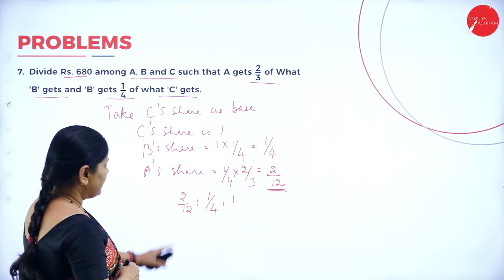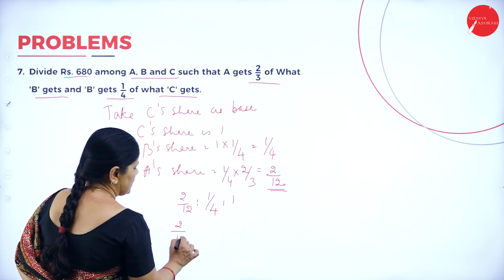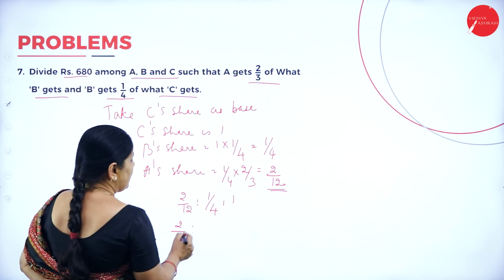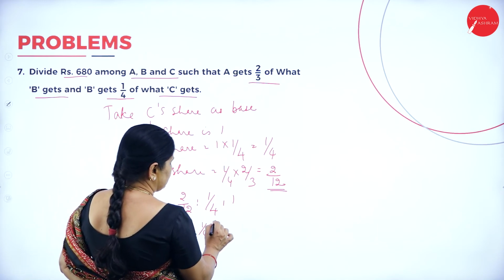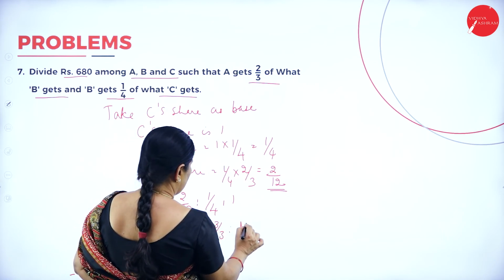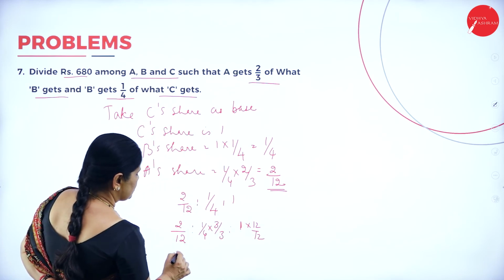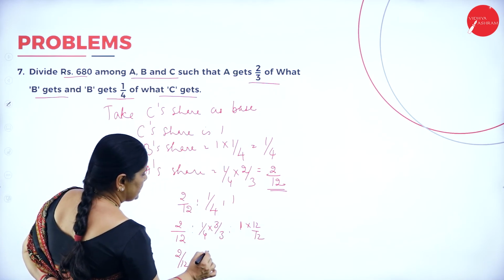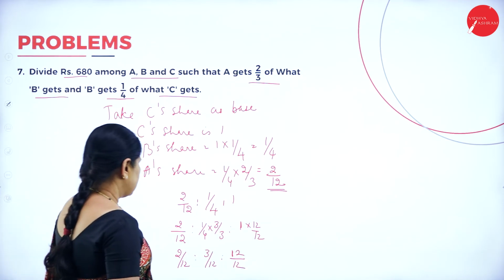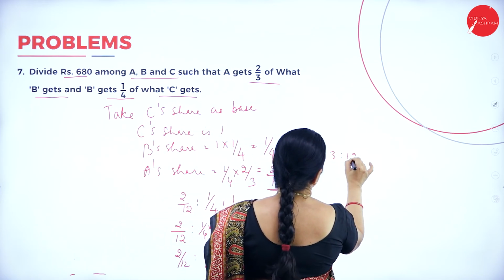Now, when I bring all the ratios to the same denominator, I write 2/12. If I have to make 4 into 12, it will be 1/4 into 3/3, and 1/1 into 12/12. So, this will be equal to 2/12 is to 3/12 is to 12/12. Now, when we write the ratio, I get 2:3:12.